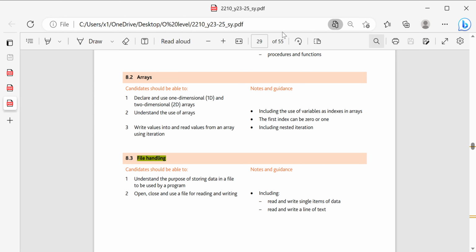So in our question, if we are encircling these terms, yes, it is close, read, write and open. All right. But this question carries 5 marks and we need to write 5 file handling operations.